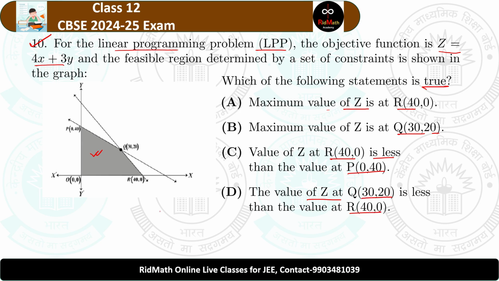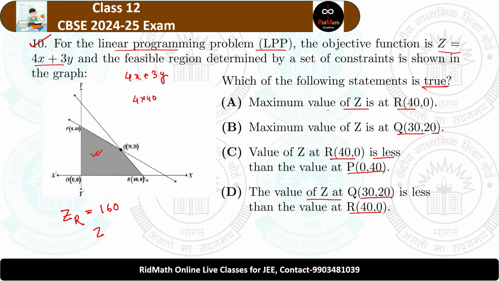So let us compute. z at R, which is (40, 0): for z at R, this is 160, because 4x plus 3y, so 4 into 40, that is 160.